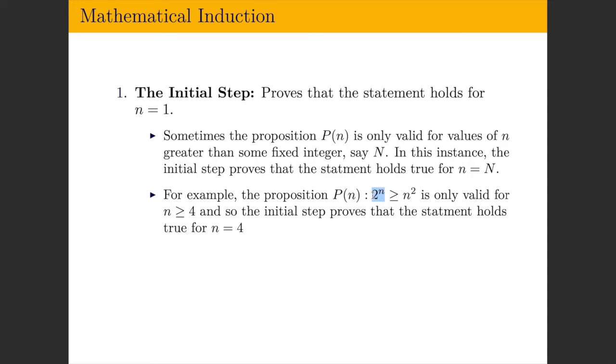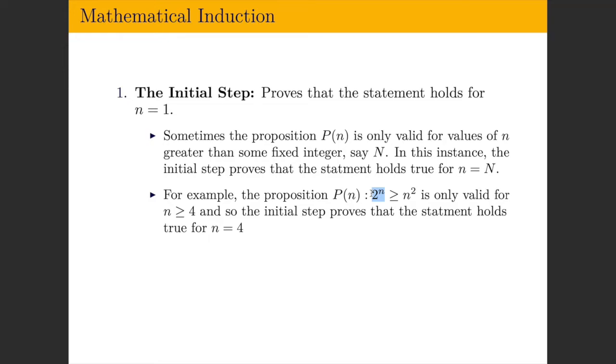That seems reasonable as well. That's true. They're equal, but it still means greater than or equal to. But what if we try 3? Well, 2 to the power of 3 is 8, but 3 squared is 9. So that proposition isn't true.